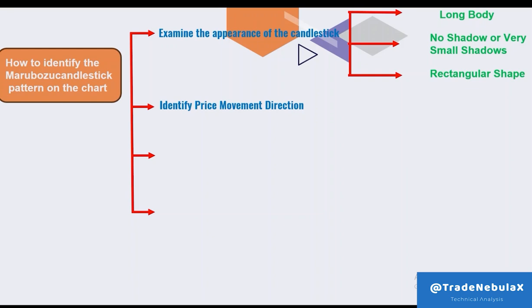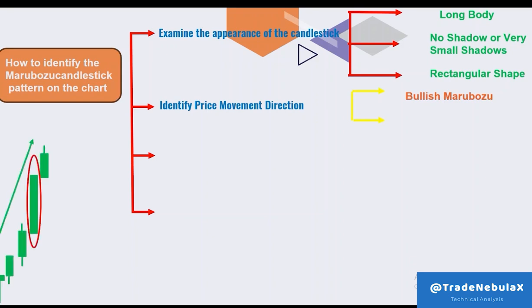After identifying candles with a Marubozu appearance, you should determine the direction of price movement. For this purpose, pay attention to the color or pattern of the shadows. A bullish Marubozu has a green or white body, and the closing price is at its highest level. This situation indicates the dominance of buyers in the market and a strong bullish price movement.